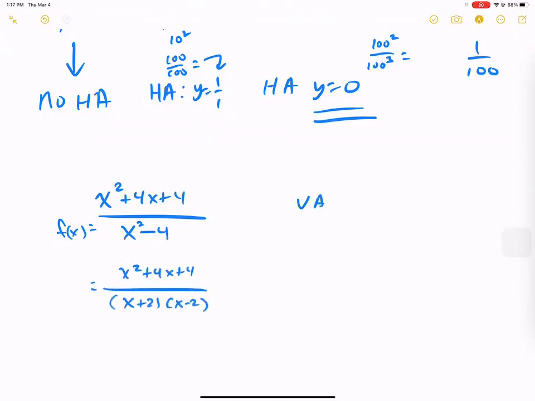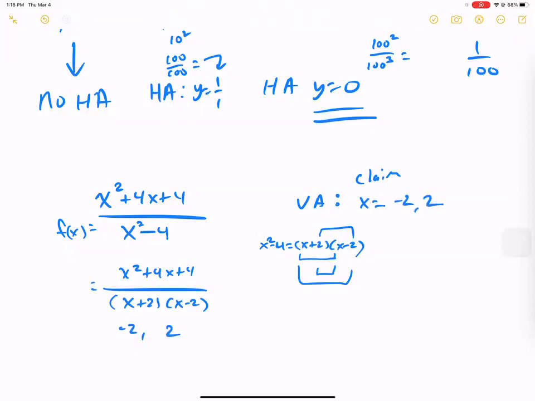Hopefully you're able to factor the difference of two squares: x squared minus 4 is equal to x plus 2 times x minus 2, since the plus 2 and minus 2 cancel out. But here's the claim, and it's going to be a wrong claim: that we have vertical asymptotes at x equals negative 2 and positive 2.